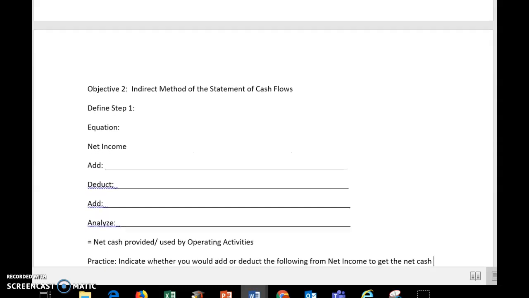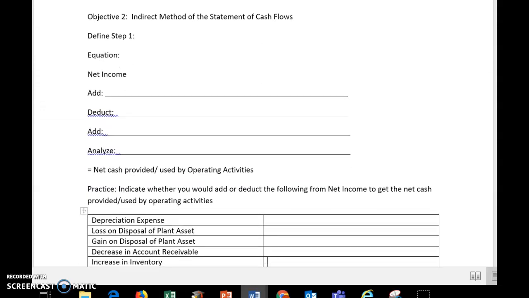So moving down, I want to also walk you through this indirect method to find that statement of cash flows. That operating section, that first section, looks at your cash and what has happened to the cash throughout that time period. The problem is there's probably hundreds and hundreds of transactions involving cash.